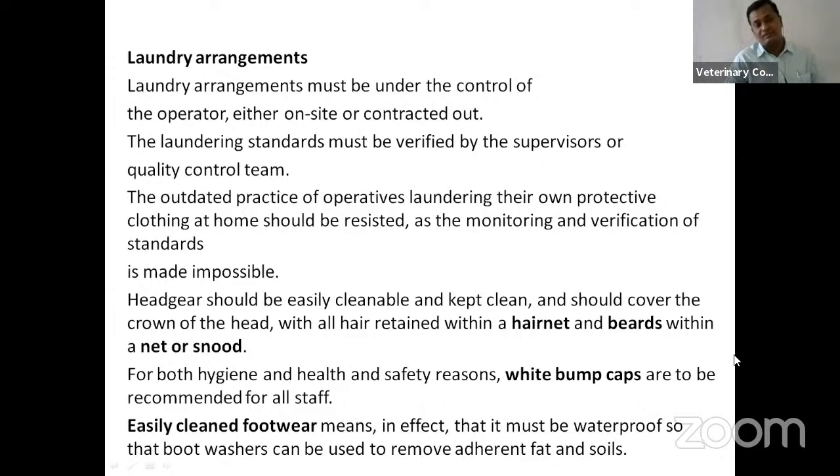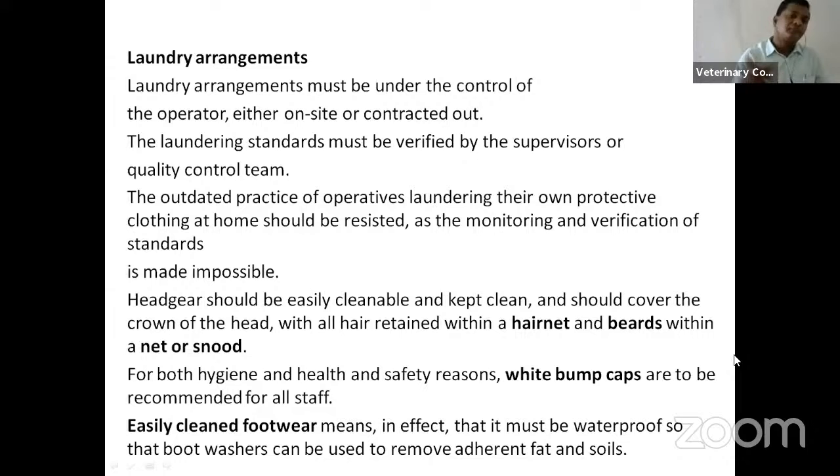These things should be laundered, meaning cleaned. In some slaughterhouses, the practice is that at the end of the work they wash their own clothes, but that should be discouraged.